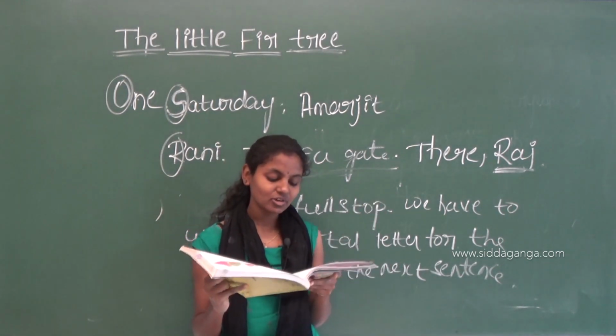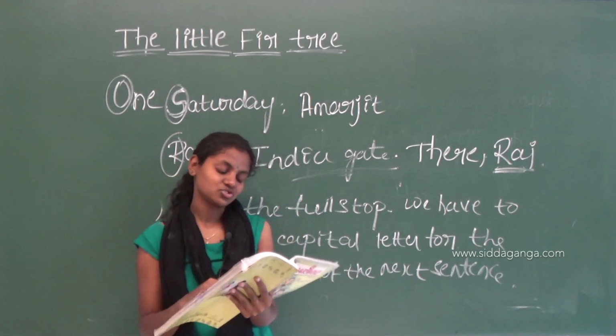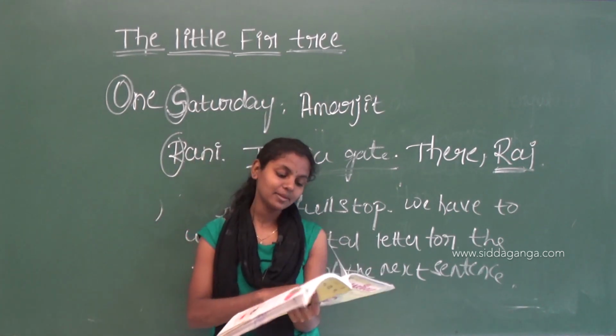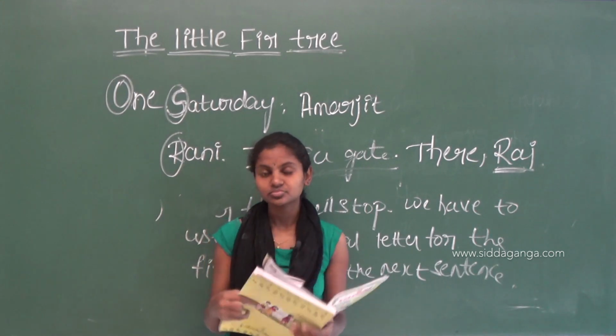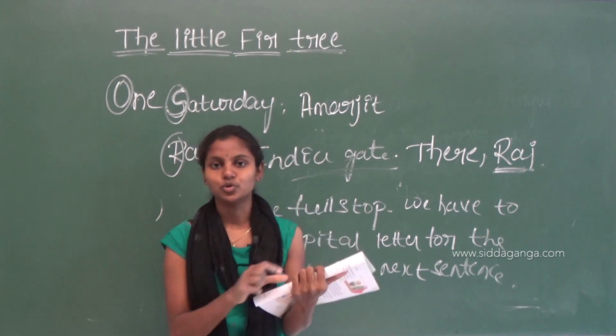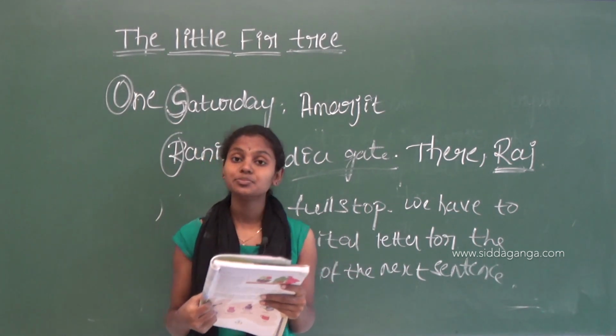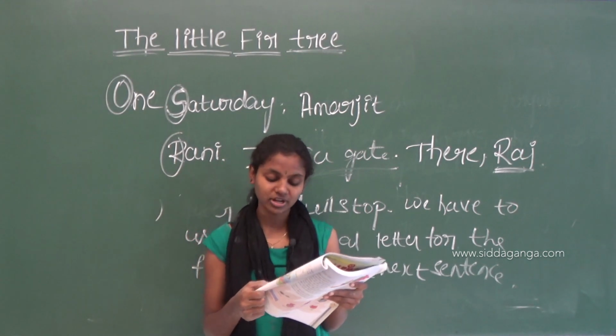And second one, look at the picture. Again, describe the picture. You have to describe this picture. So I will tell you, and you have to write neatly in your textbook. It is a very beautiful scenery, beautiful nature.